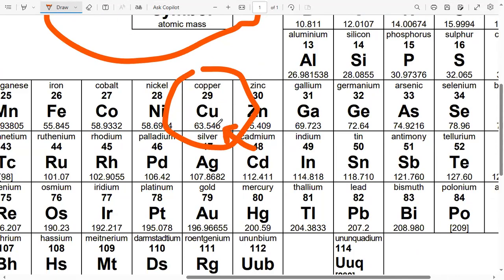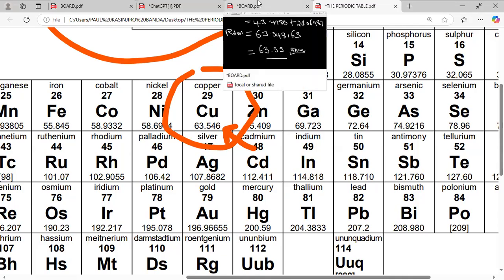This atomic mass was obtained by adding the average of what? The atomic masses for the isotopes of this copper. So you can see 0.546. If we put it to 4 significant figures, it will be exactly what we found, right? So always round it off to 4 or 3 significant figures. There won't be a problem.